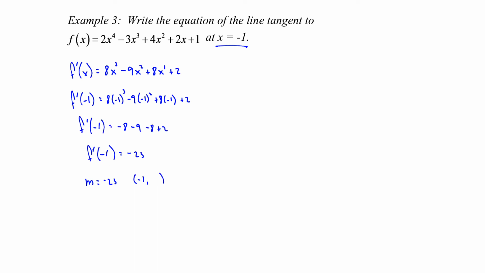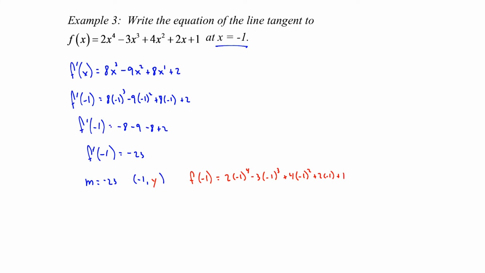So if I want to write the equation of the tangent line, I need to know what this y value is. Well, how do you find y when you know what x is? Well, you plug it in. Now, I'm plugging -1 into the function. When I plug -1 into the function, how is that different than plugging it into the derivative? So think about that. By plugging -1 into the function, what does my output represent?